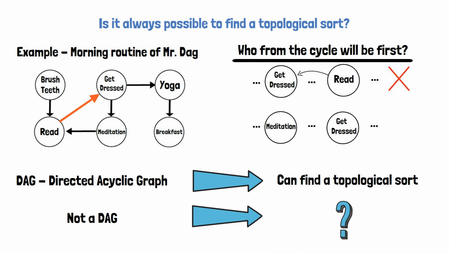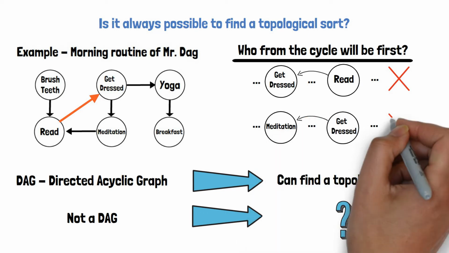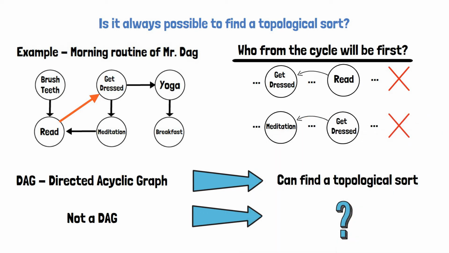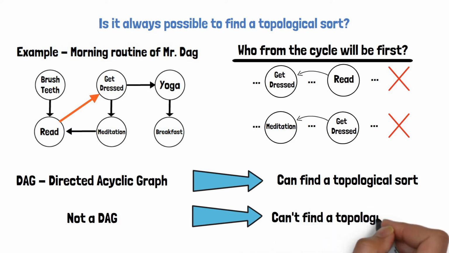So again we have an edge from right to left, so this option is ruled out as well. And similarly, it wouldn't work if we would try to put read first. So the answer for whether a topological sort exists when there is a cycle is no, as we would encounter the same problem we showed in the example here for any graph with a cycle.